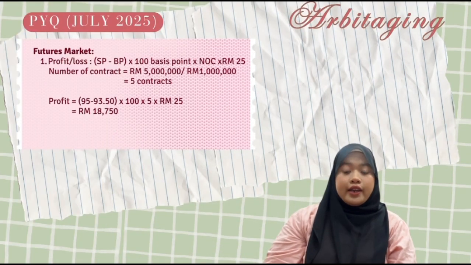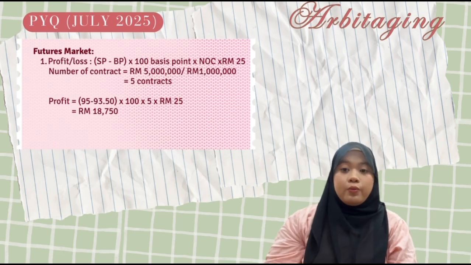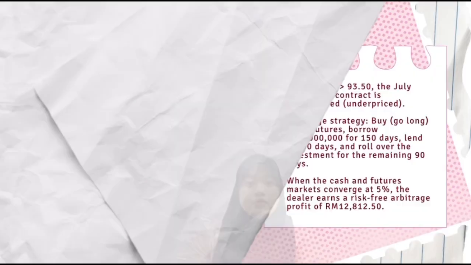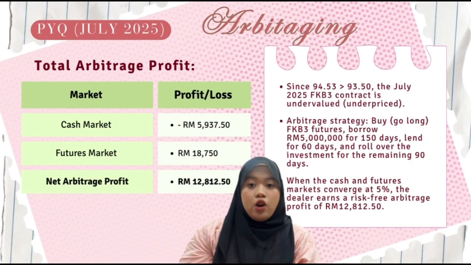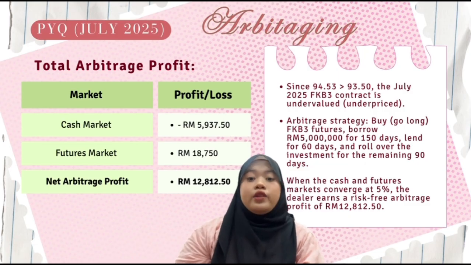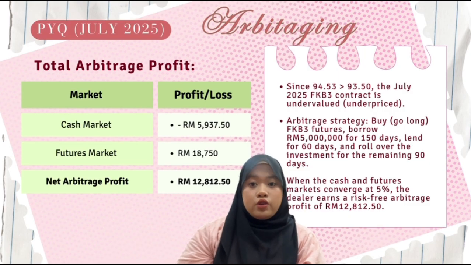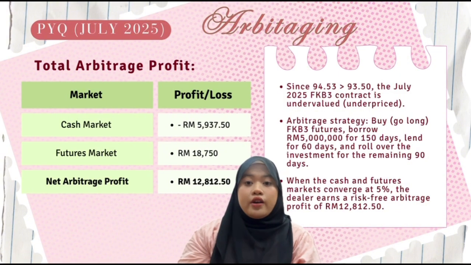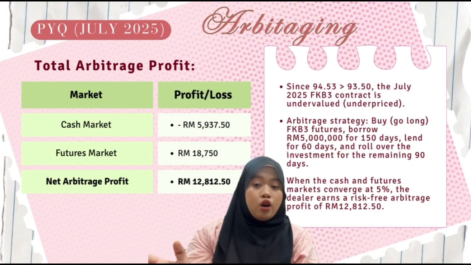In the futures market, the price increased from 93.5 to 95, giving a profit of 18,750 for 5 contracts. After offsetting the cash market loss, the dealer earned a net arbitrage profit of RM 12,812.50.